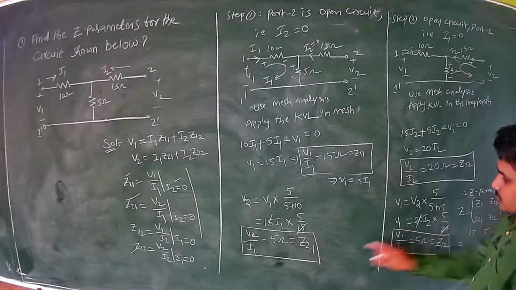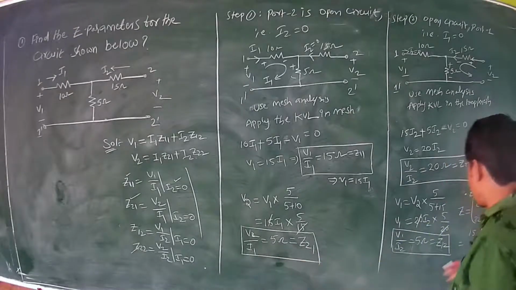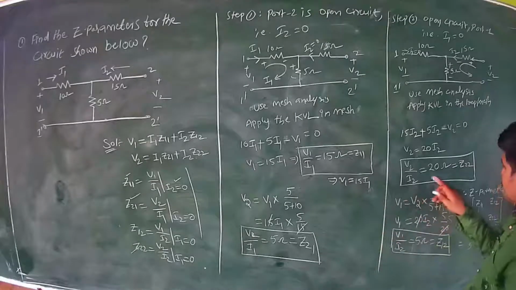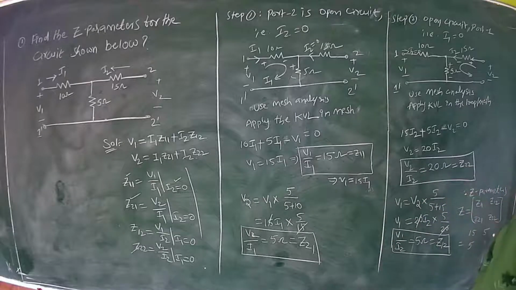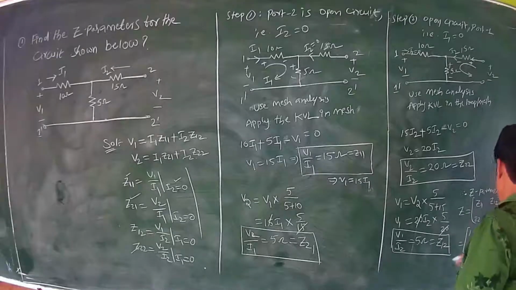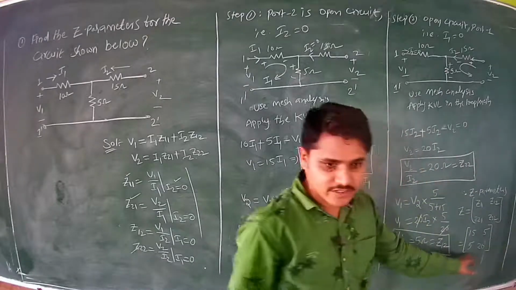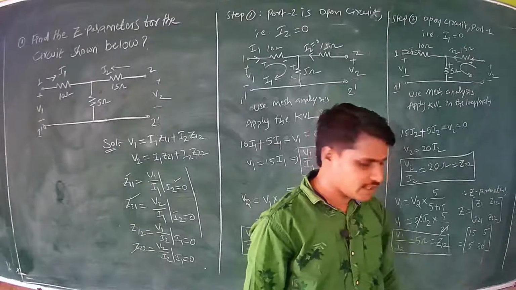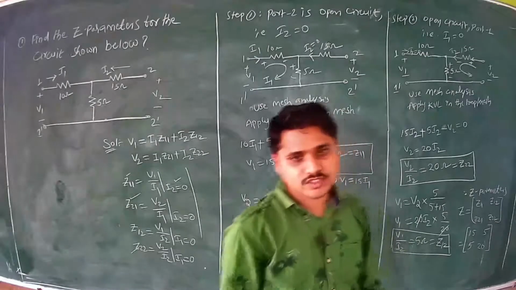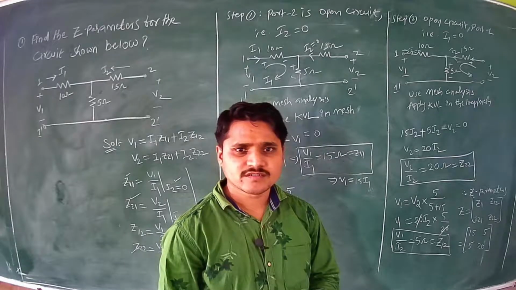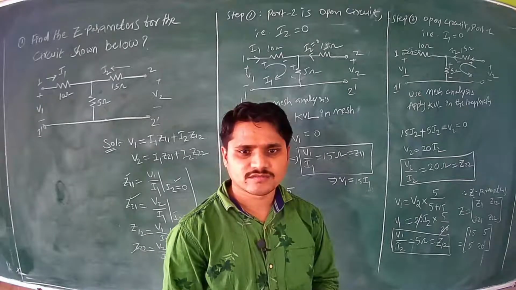Next Z21 equal to 5 ohms and Z22 is 20 ohms. So this is our Z parameters: 15, 5, 5 and 20 ohms. So this is the procedure to find out the Z parameters for any given network.